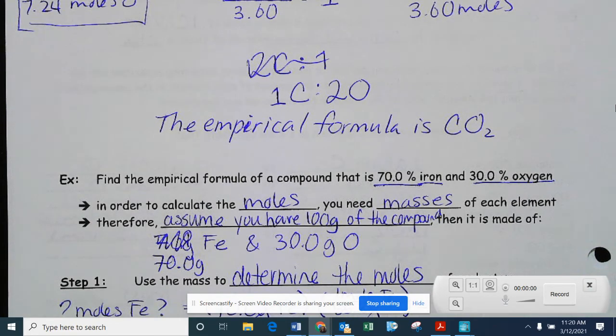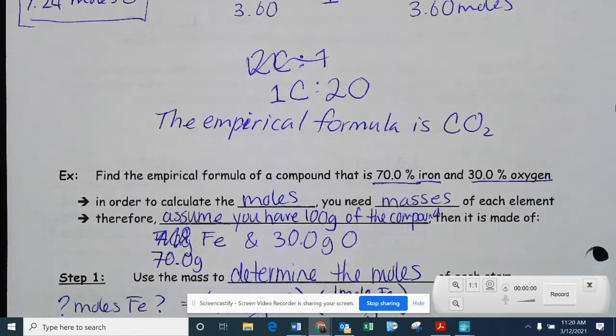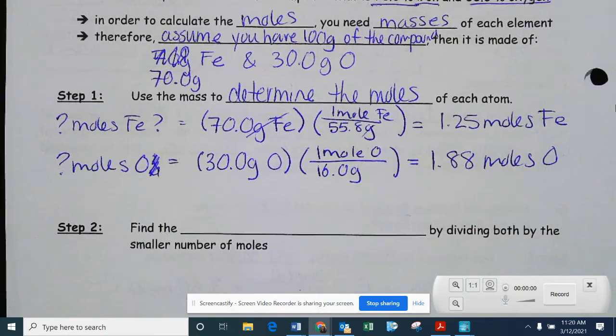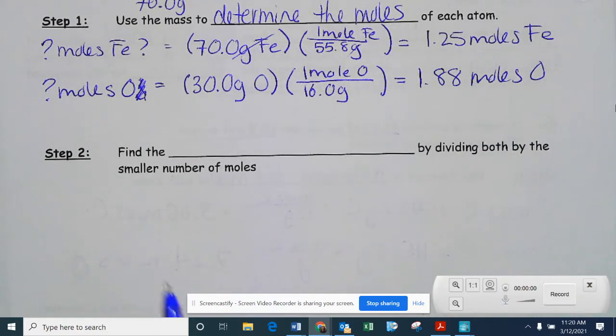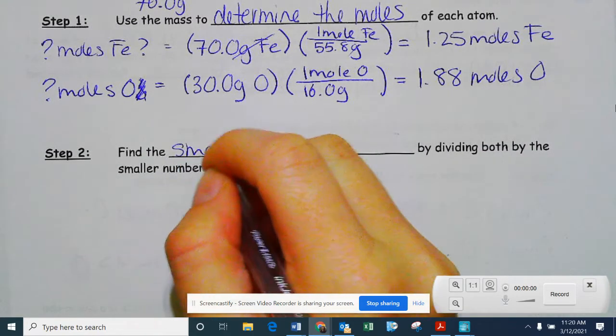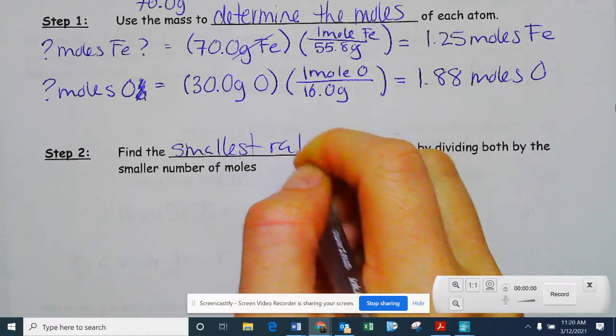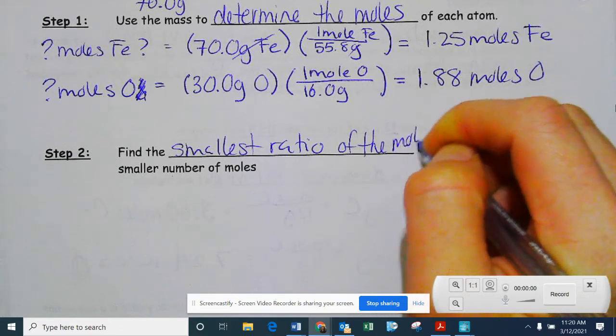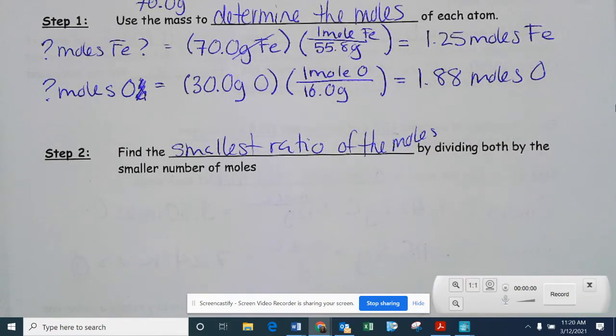Okay, does anybody have a number? Oh, you already did the next step. Nice. Okay, did everybody get 1.88 moles of oxygen? Okay, good. And then you went into step 2, ahead of the game. So then, again, we're finding the smallest ratio of the moles by dividing both by the smallest number.